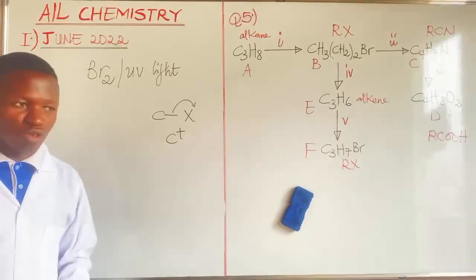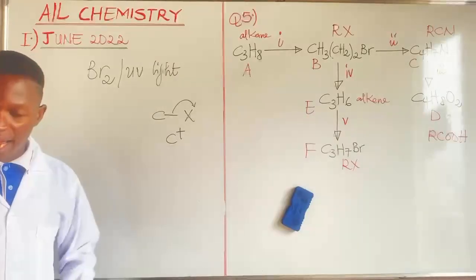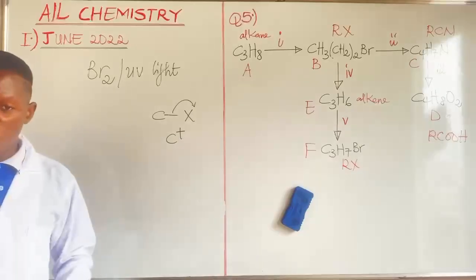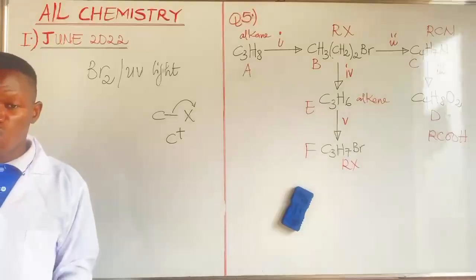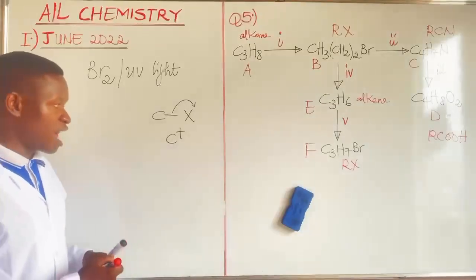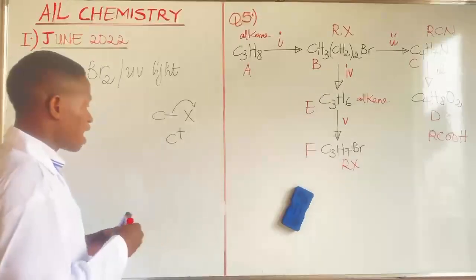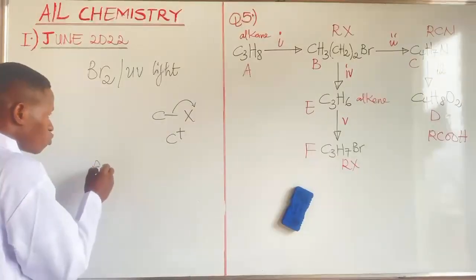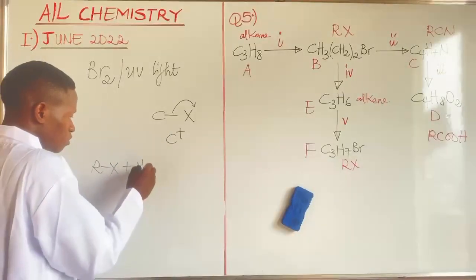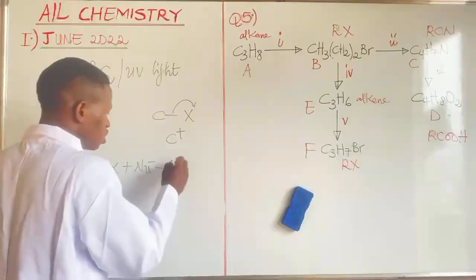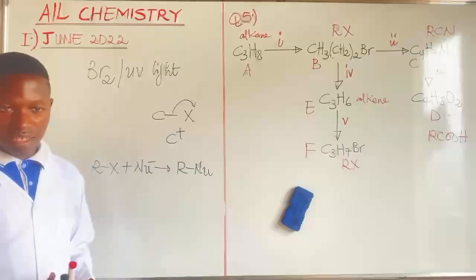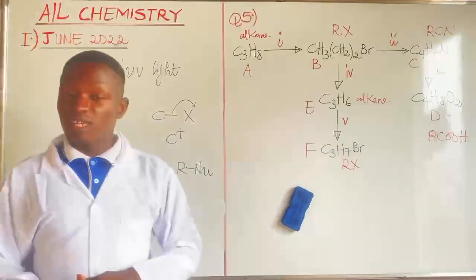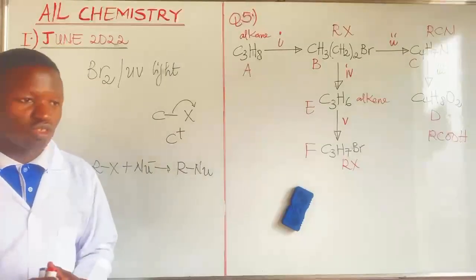Nucleophiles have electrons, so they come here to donate electrons and form a covalent bond. Once a nucleophile comes, it substitutes the halogen. So haloalkanes undergo nucleophilic substitution reactions.